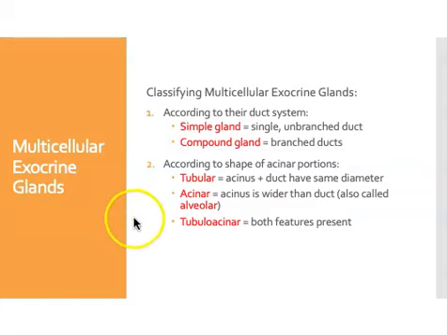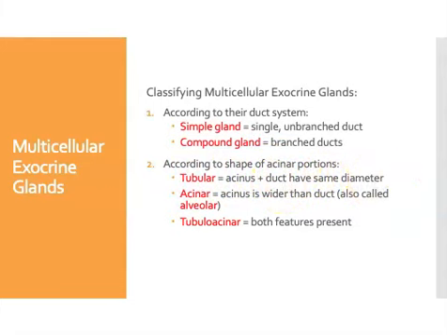In terms of the acinus of the gland, we could describe tubular, acinar, and tubuloacinar glands. A tubular gland means that both the acinus of the gland and the duct have the same diameter.